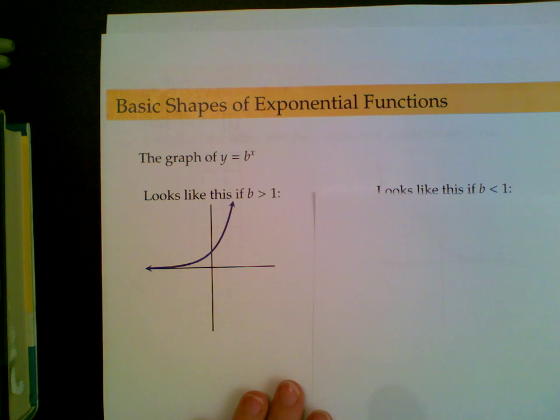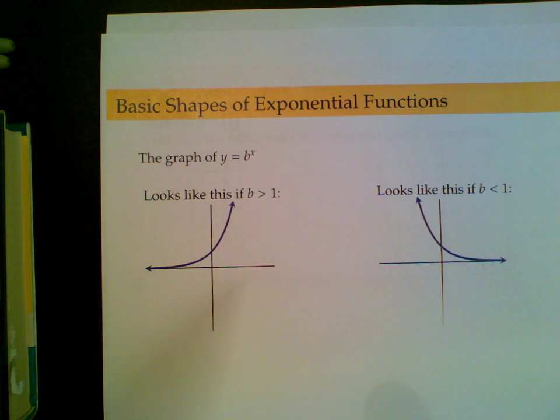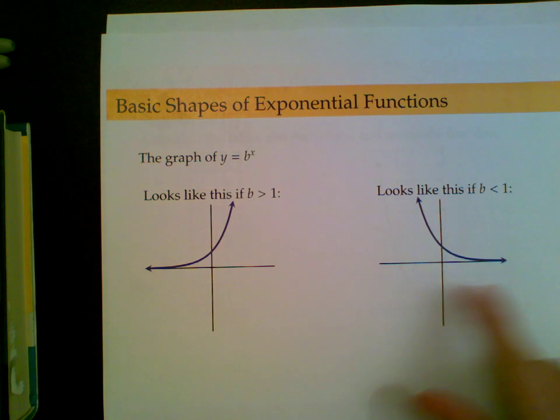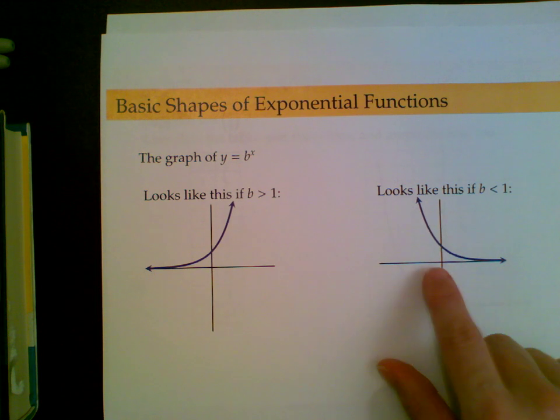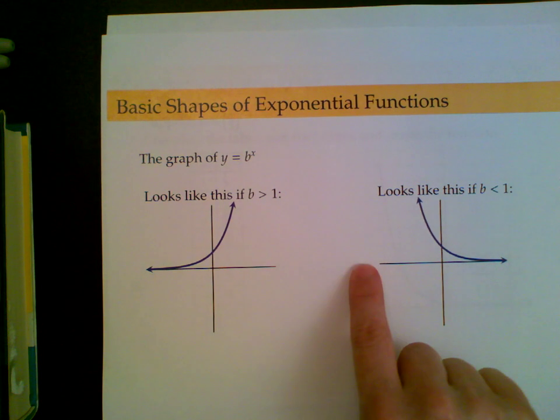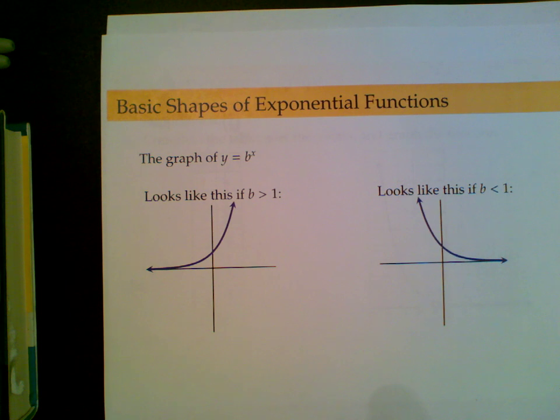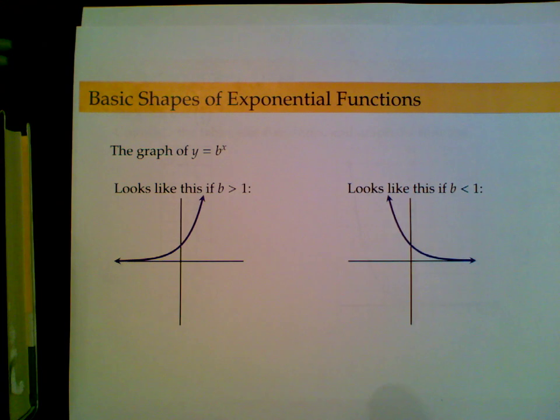And if b is less than 1, it's going to have the same general shape as the 1/3 raised to the x function did. As x goes to positive infinity, y goes to 0. And as x goes to negative infinity, y will go to positive infinity. So those are the two classes of exponential functions.